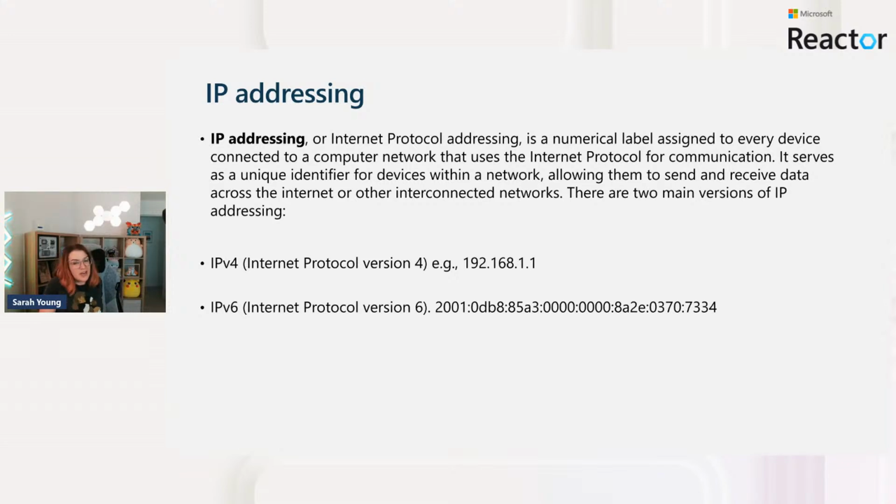What we've done to get around that IPv4 addressing problem is a couple of tricks, which I won't go into, but it's called network address translation and port address translation. And it's a way of reusing IP addresses without them clashing. Because obviously it's important. You can't have on the same network segment two devices with the same IP address, because the network doesn't know where to send the traffic.